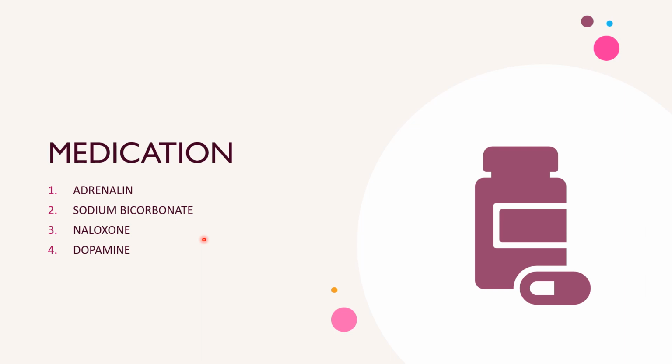Sodium bicarbonate is given in a dose of 2 ml per kg body weight and diluted 1:1 in distilled water. In case of peripheral shock indicated by cyanosis, absent pulse or capillary filling time of more than 3 seconds, volume expanders like Ringer lactate or 0.9% normal saline should be given. So this is about the resuscitation.